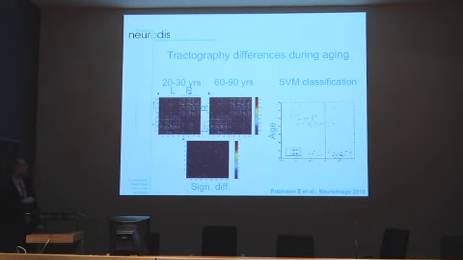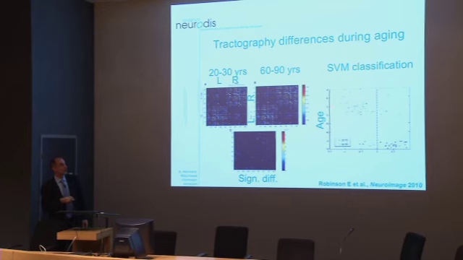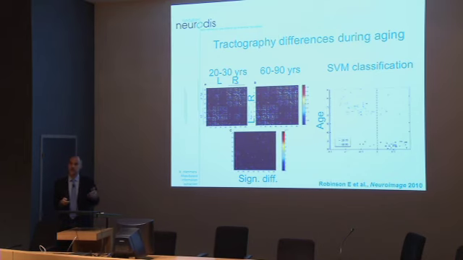These are younger subjects, these are older subjects, these are the significant differences, and you can then use this for machine learning techniques like support vector machines and the like to automatically classify people into young and old. I don't tell you what the people said who were 25 and whose brain was classified as 65, but on the whole this works fairly well and shows that there are systematic differences across the lifespan.